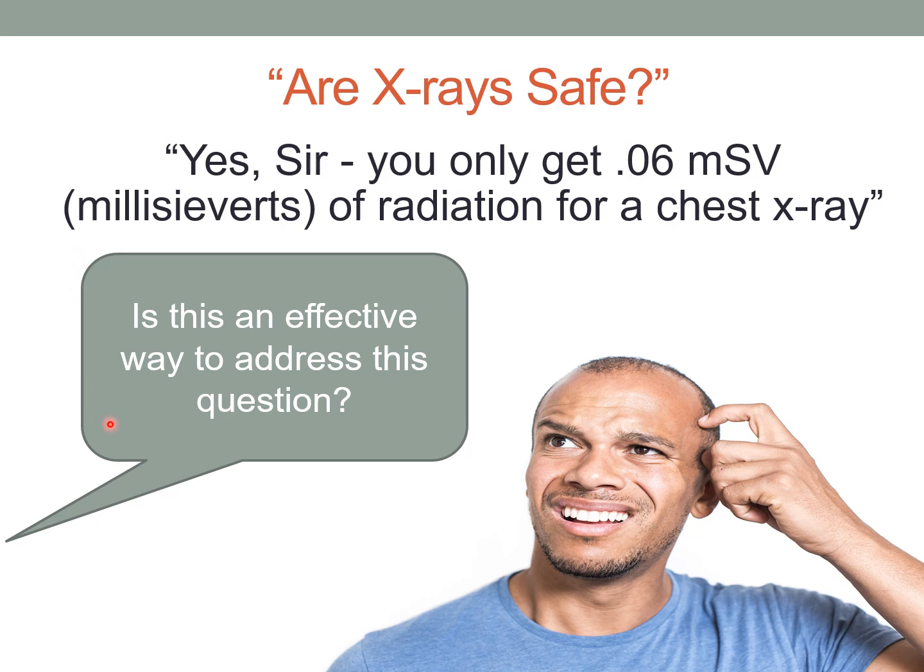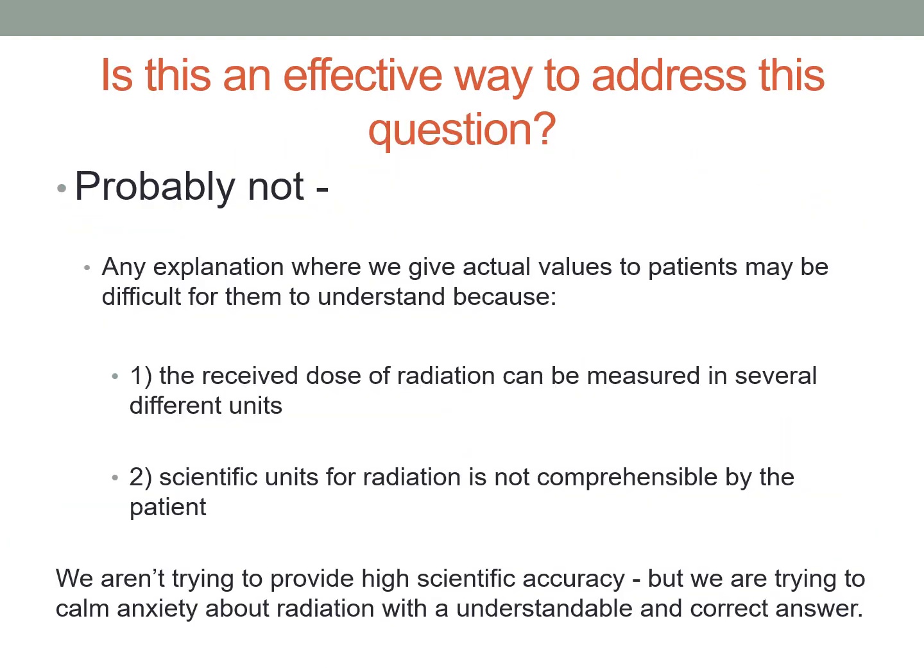Is this an effective way to address the question? No, because we don't really understand how much 0.06 millisieverts is, and a patient definitely won't either. Any explanation where we give actual values to patients may be difficult for them to understand. The received dose of radiation can be measured in several different units.